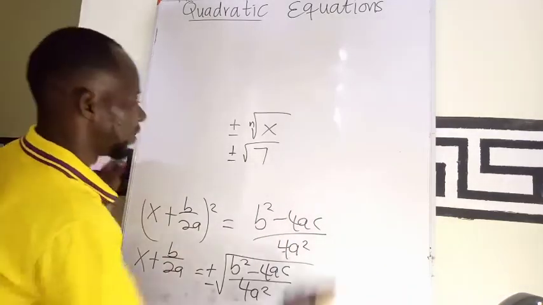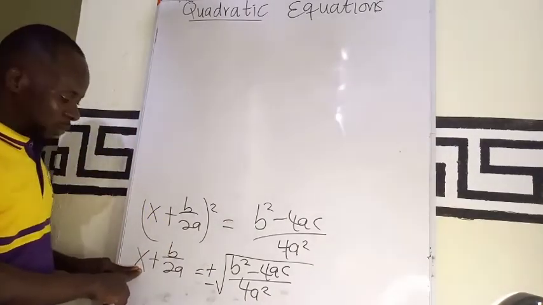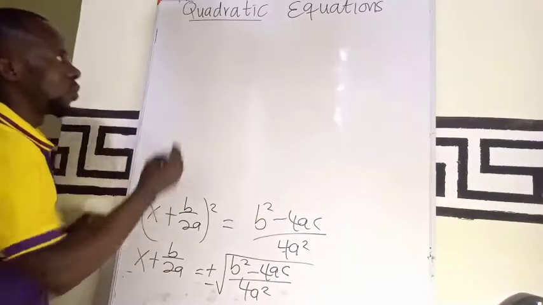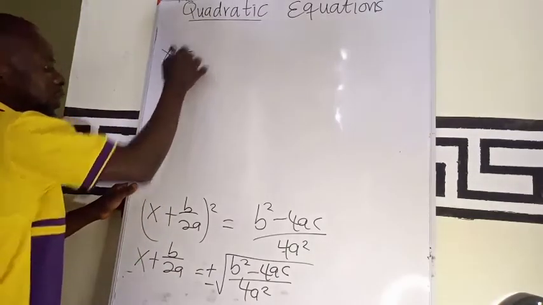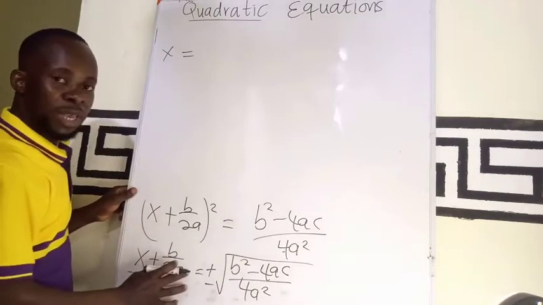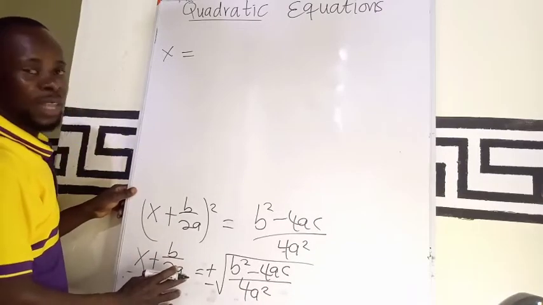So in that case, if I want to maintain the x, so that I send whatever term I have to the other side, that is going to be x equals to, this is positive, so we subtract b over 2a from both sides. If I subtract it from here, it becomes 0.